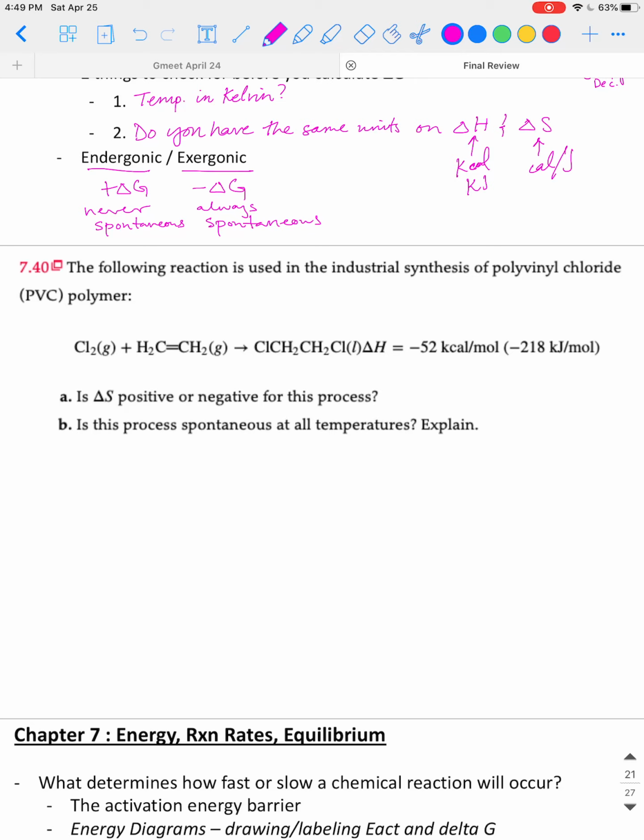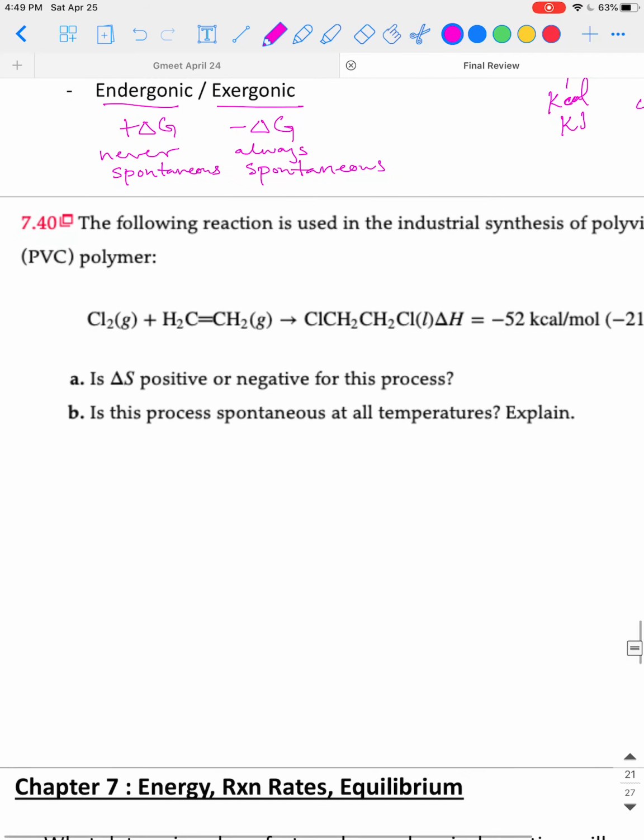Here's another practice problem for Chapter 7 stuff. It says the following reaction is used in the industrial synthesis of polyvinyl chloride, PVC polymer. First question is, is delta S positive or negative for this process? So let's look at our reaction. All of our reactants are gases, and I think it should be balanced. Yeah, everything is balanced.